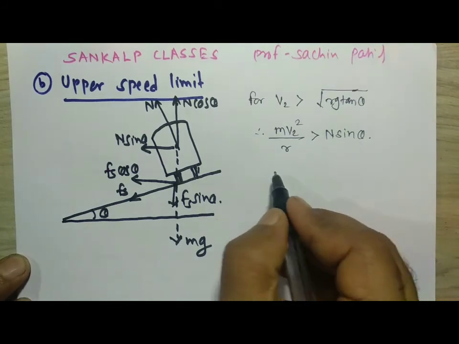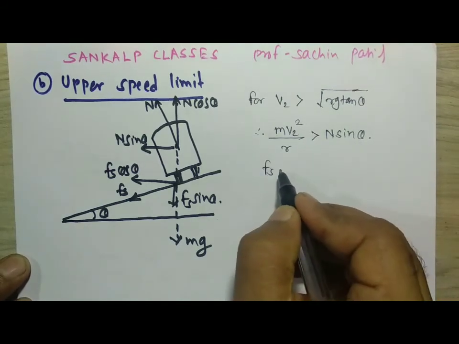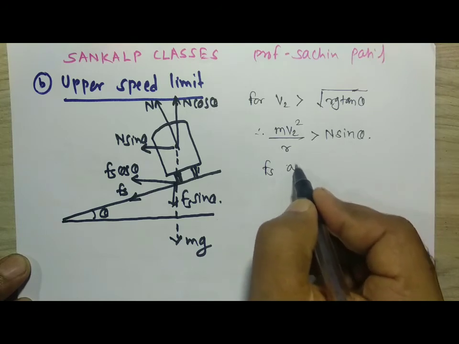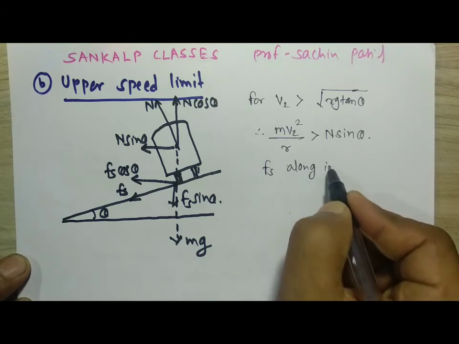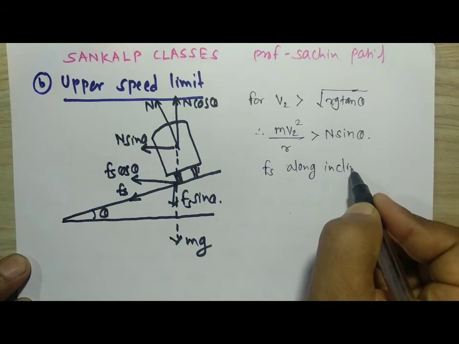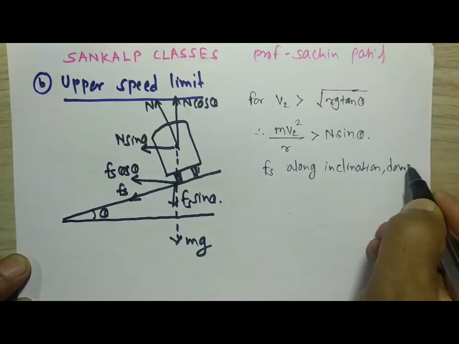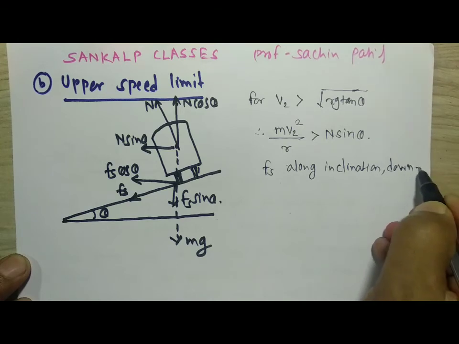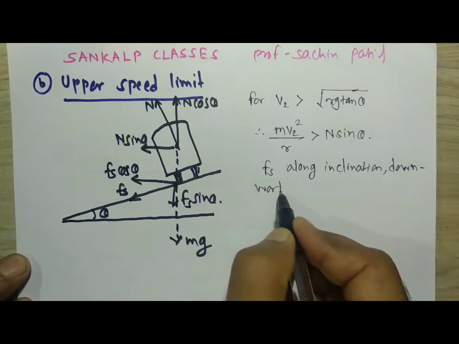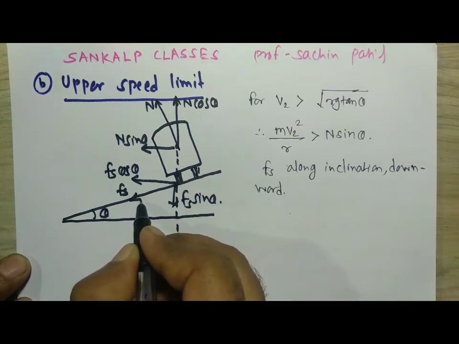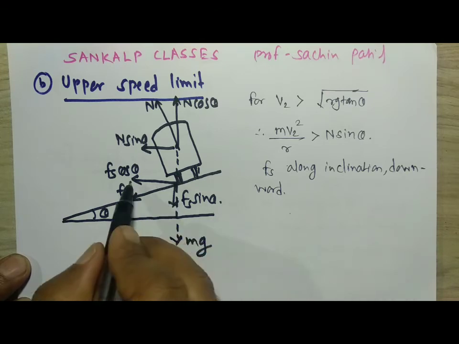At that time your friction force fs is along the inclination and acting downward. That means fs is acting in the downward direction, and it is resolved into two components.